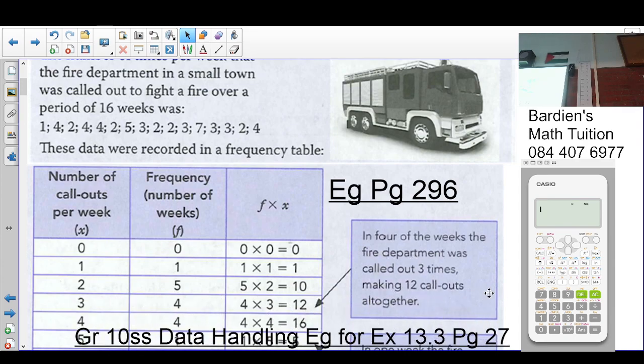How many times was zero recorded? Number of call-outs per week? Zero times? No times. Hence 0 and 0. Let's align the board quickly. Okay, so 0 and 0.